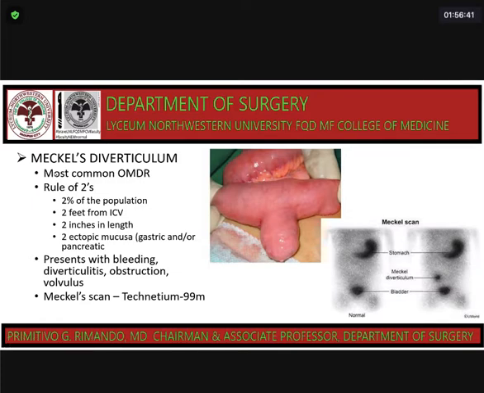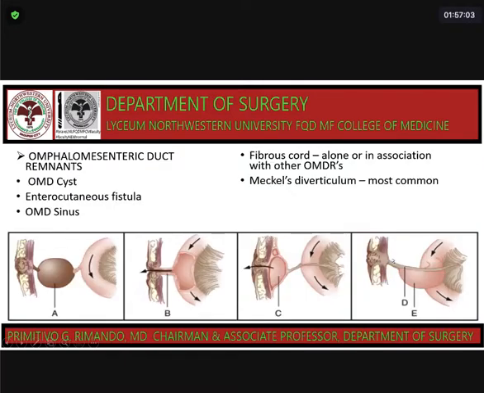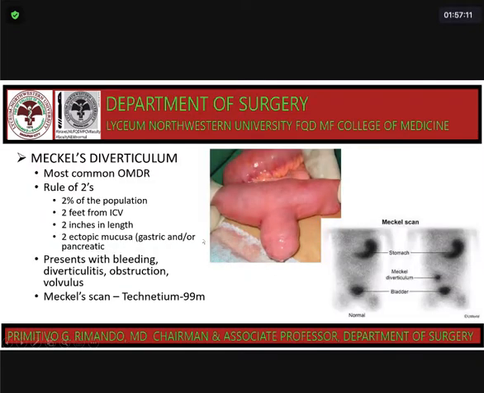Remember the rule of twos: 2% of the population, 2 feet from the ileocecal valve, 2 inches in length, 2 ectopic mucosa, gastric and pancreatic. This is an example of a free Meckel's diverticulum. It's free, there is no fibrous attachment. Some Meckel's diverticulum still have this fibrous attachment, but in this picture, it's free.